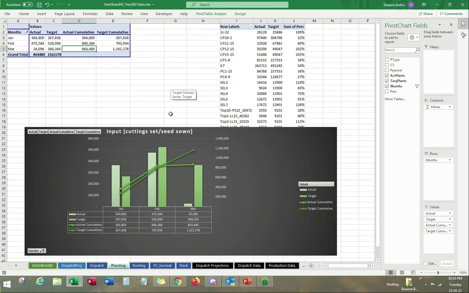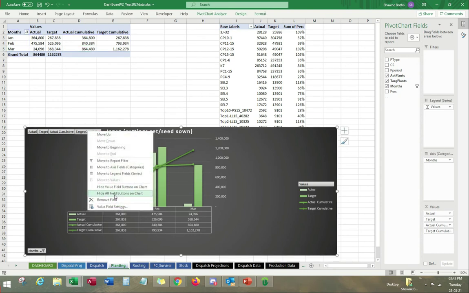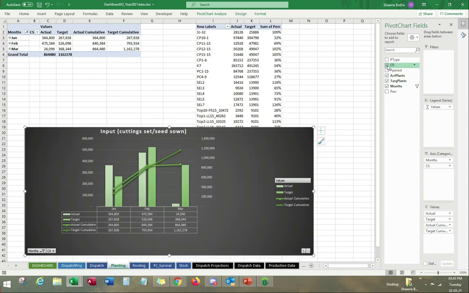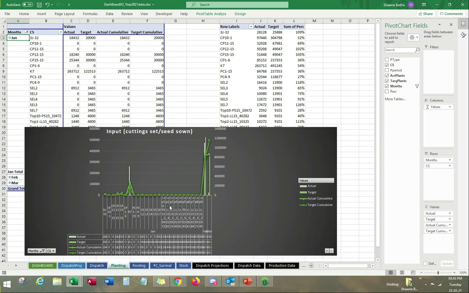So let's take this graph, and we could add clones to this. But as you'll see, if we expand that, it starts getting really busy.